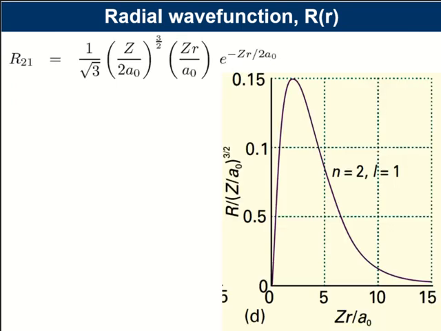Now looking at the next functions, 2p orbital. So this is your plot of 2p. So at the nucleus it is having 0 amplitude, and then जैसे ही 0 से आप थोड़ा सा नॉन जीरो रेडियस पे आते हैं, then it zooms up, it goes up and then reaches a maximum.